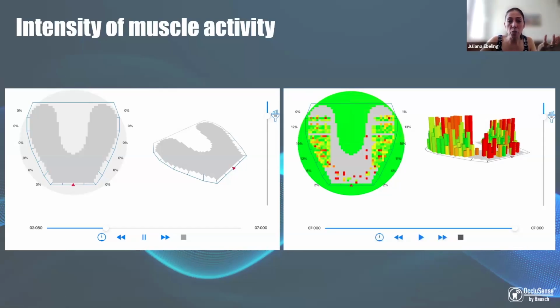If I have a patient with hyperactivity, hyper muscle activity, or an unstable interference contact, this is very important because this muscle is not in a healthy condition, and then I will register it. This muscle condition will reflect how we get this data.